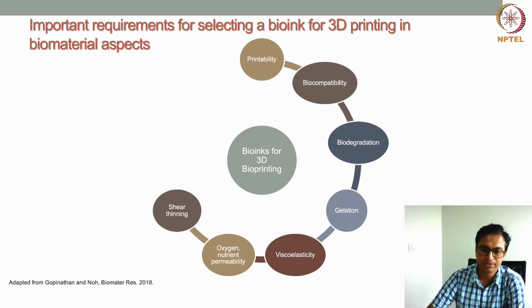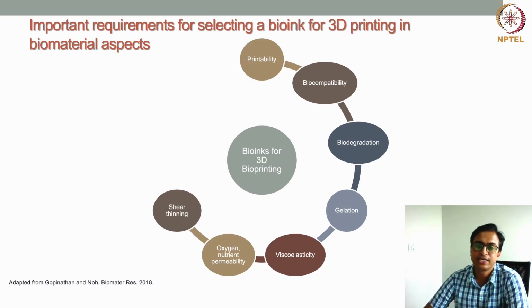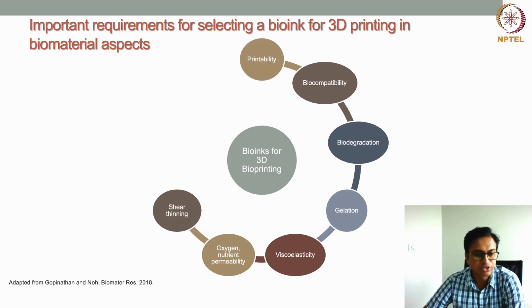The other thing is the shear thinning behavior of the biomaterials, as we have discussed earlier. For extrusion based bioprinting, typically the material should have shear thinning properties. Shear thinning means that with increasing shear rate, the viscosity of the material comes down. That means it's a non-Newtonian behavior where the viscosity decreases with increasing shear rate, right?